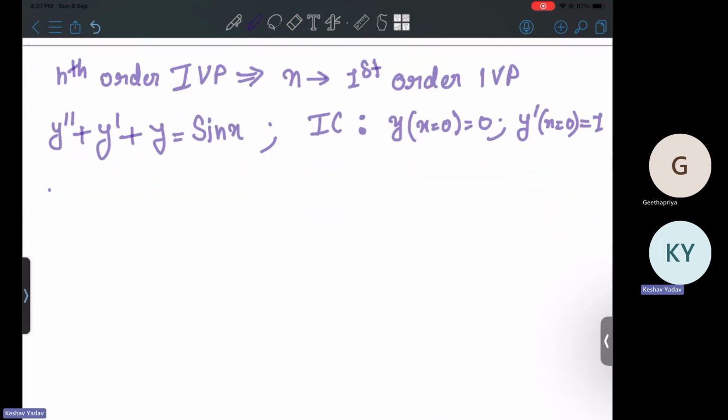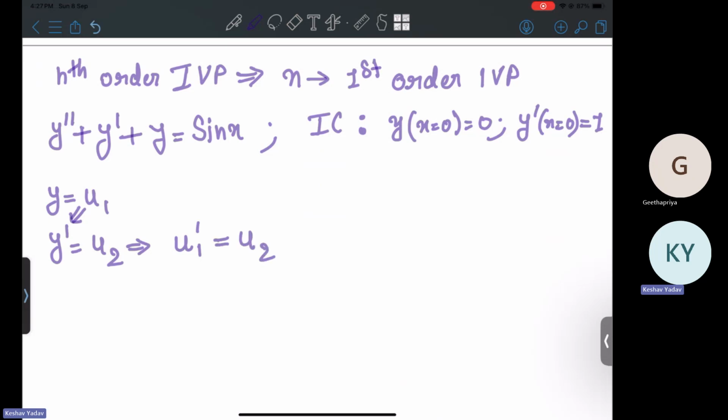Now here we will assume y equal to u1 and y prime equal to u2. If you put this value in this equation, we will get u1 prime equal to u2.